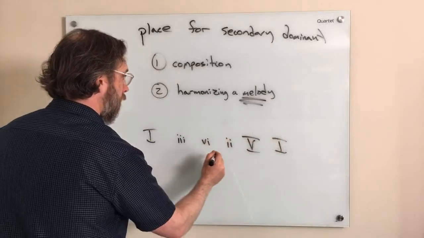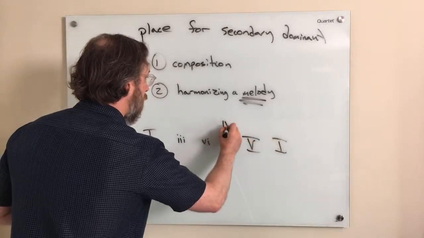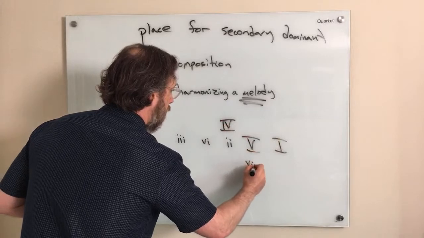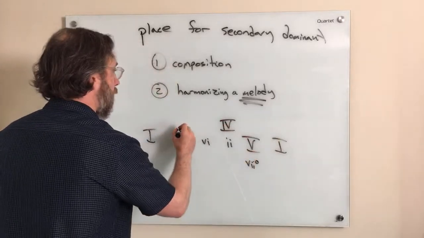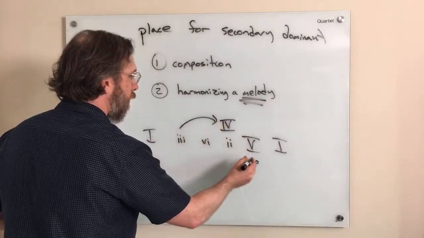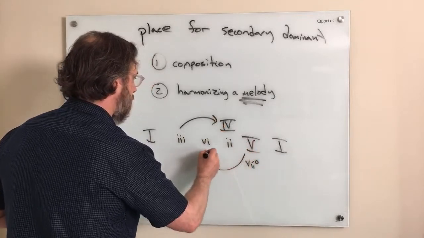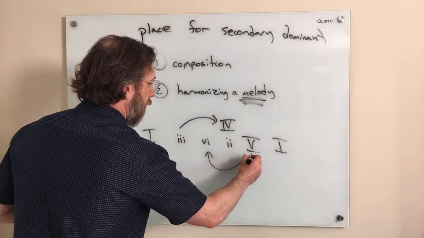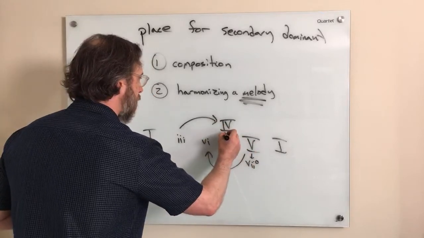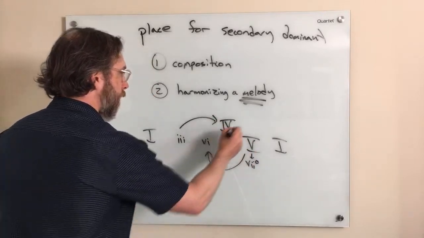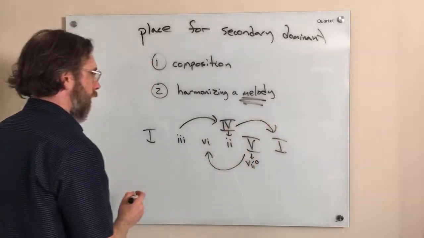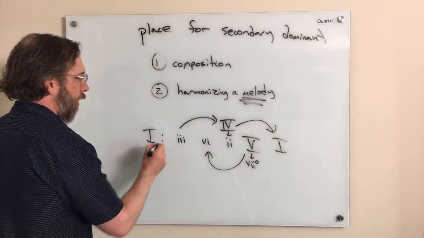And we know that, and I'm putting in all the arrows, 3 can jump to 4, 5 can jump back to 6, 5 goes to 7 diminished, 4 goes to 2, 4 can jump to 1, 1 can go anywhere.